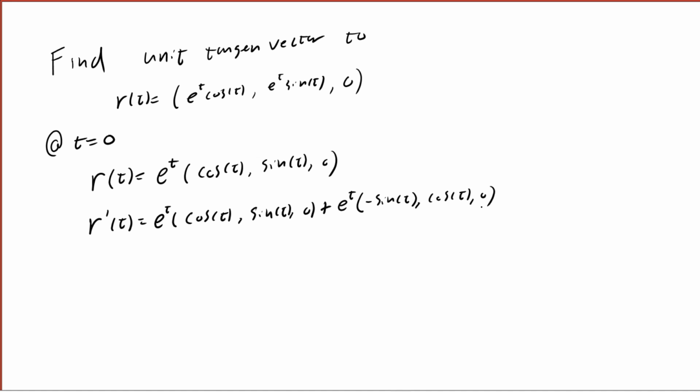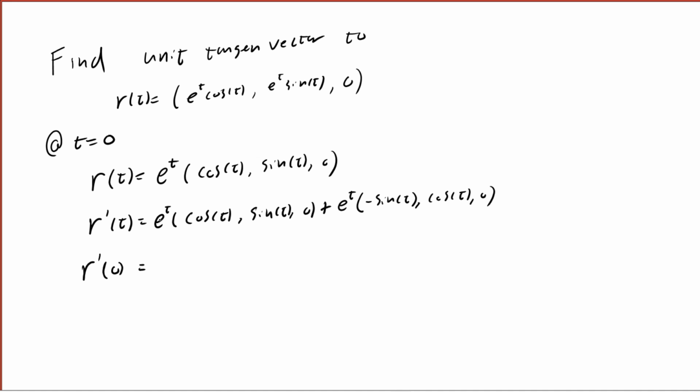Okay, so I could add these all together and start taking the norm of that, and then once I find the norm, divide by the norm, and then once I'm done with all of that, plug in 0. But if you give me the value of t, this is going to be a vector, right? So I can just do r prime of 0.